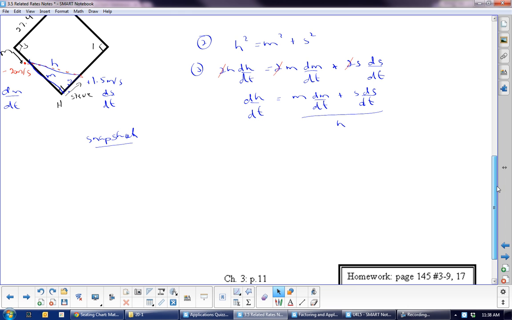So right there at that snapshot at 5 seconds, here's my home base. So you can see I took that right from, that's H, that's S, and that's M.